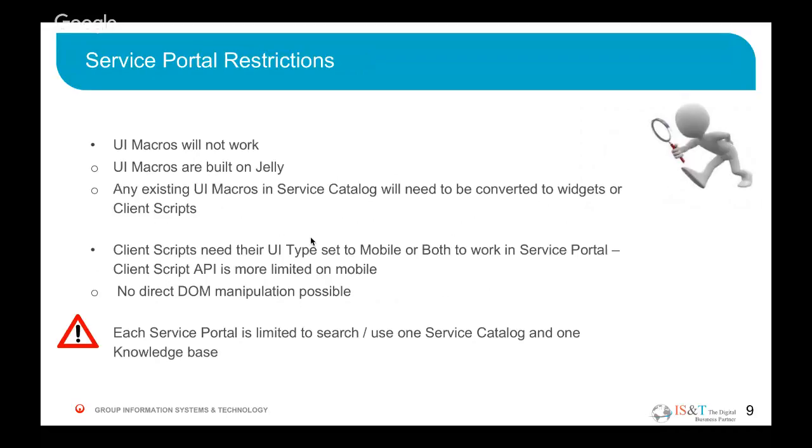Like we did when building our portal for Levy or for UK, we were obliged to set the UI type to both for all our items, so that we can ensure that the items will work correctly in the portal. But the negative thing about the Service Portal is that we can use just one service catalog and just one knowledge base.